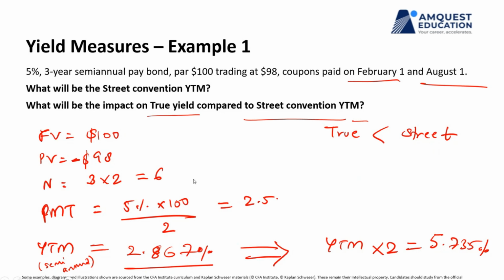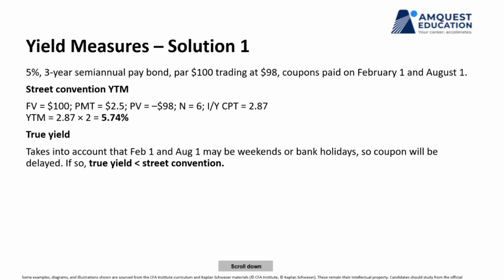If this works for you and if you don't have any doubts, remember for semi-annual, you have to multiply by 2 because your output is also semi-annual. 5.74. And yes, if there are bank holidays or weekends on Feb and August, then the coupons will be delayed and therefore true yield will be less than your street convention yield.